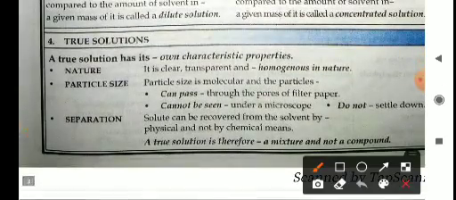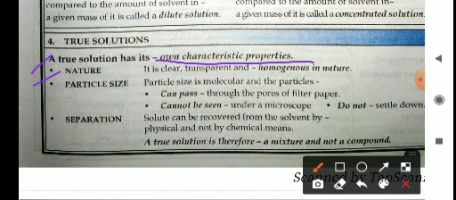Okay, true solutions. A true solution has its own characteristics and properties. It is clear, transparent and homogeneous in nature. A homogeneous solution will be very clear and transparent, meaning you can see from one side to the other in a true solution.